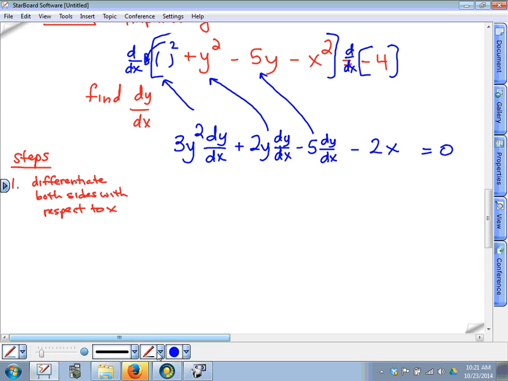So the second step, I think Jessica already said it, is to collect all terms with dy dx on the left side.